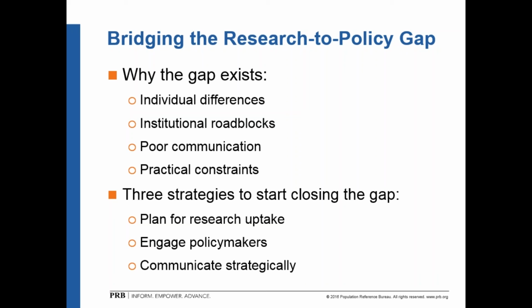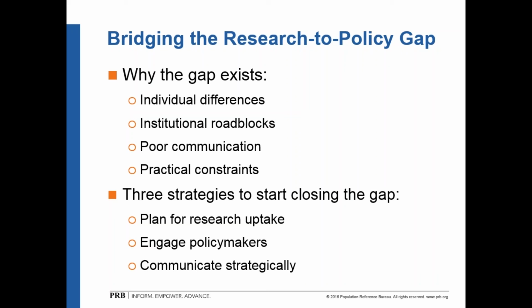So the toolkit breaks down the foundation of the gap into 4 categories. Number 1, individual differences between the academic and research community and policymakers. Second, institutional roadblocks between the 2 groups. Then poor communication, and finally practical constraints.